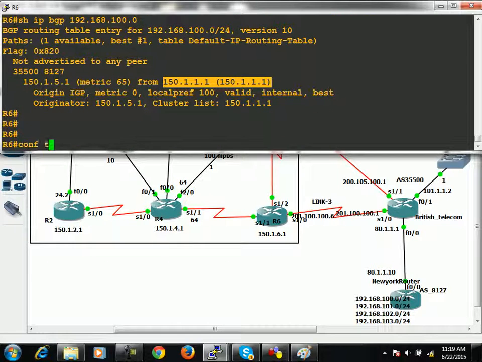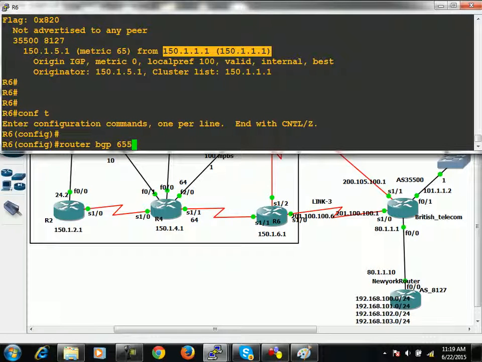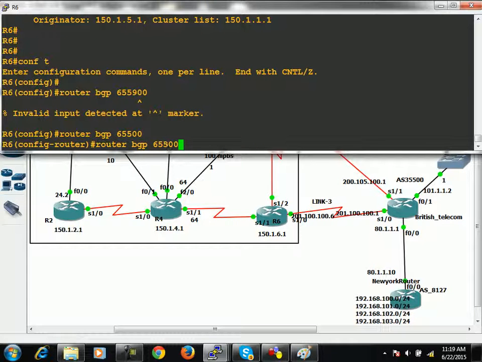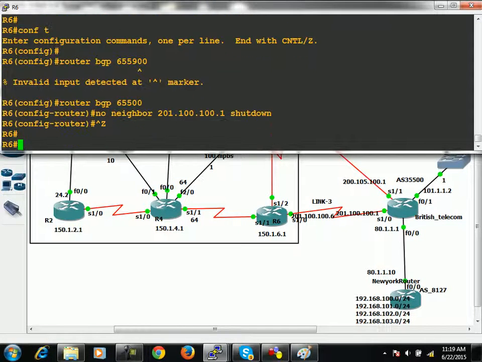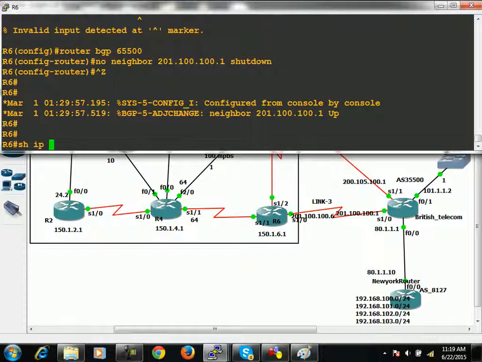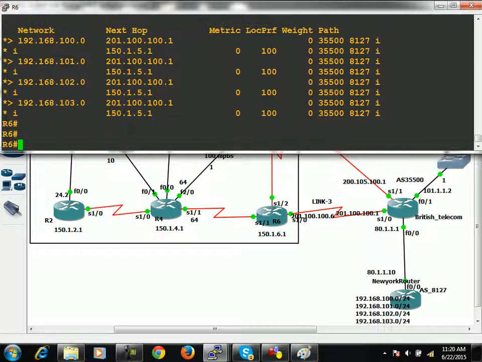Now, in case the neighbor comes up once again, neighborship will come up, and once again this R6 will start to receive these prefixes coming from, check it out, R1 as well as BT.